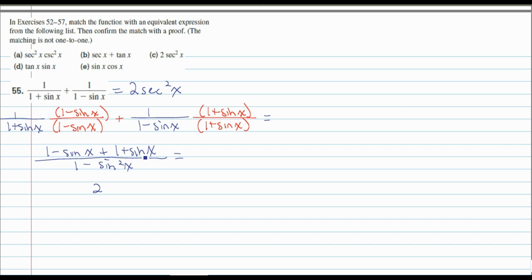And then the denominator, this negative sign and positive sign will cancel, so all I have in the denominator is 1 minus sine squared of x, which is cosine squared of x. So that's really 2 times 1 over cosine squared of x, which is 2 secant squared of x. Exactly what I was hoping.